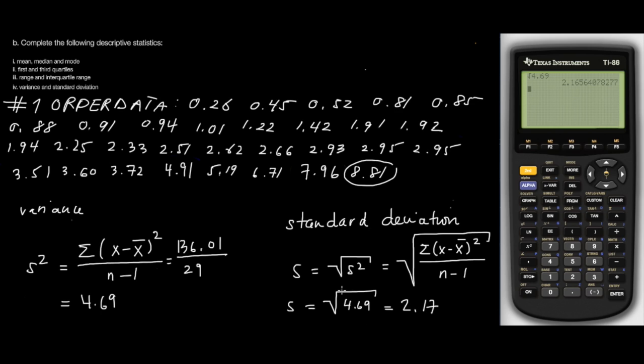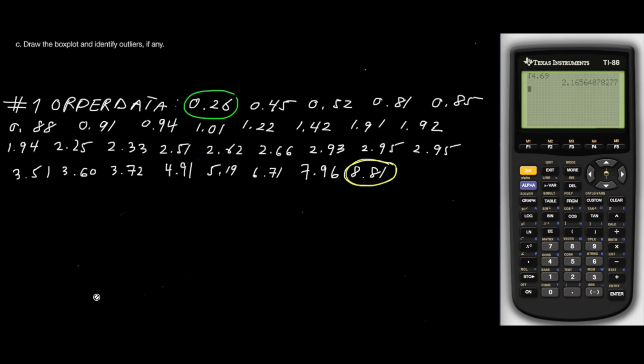and there you go. And finally, question C, they want us to draw the box plot and identify any outliers. So let's get started. All right. So the box plot is composed of a few items. We're going to need the 5-point summary, and what is our 5-point summary?